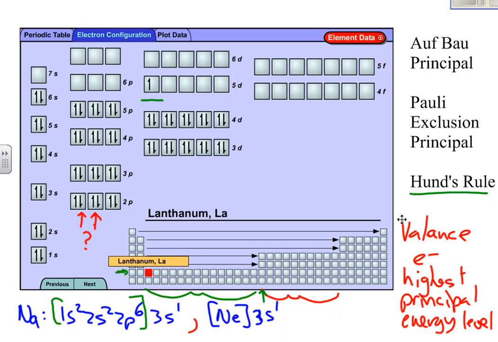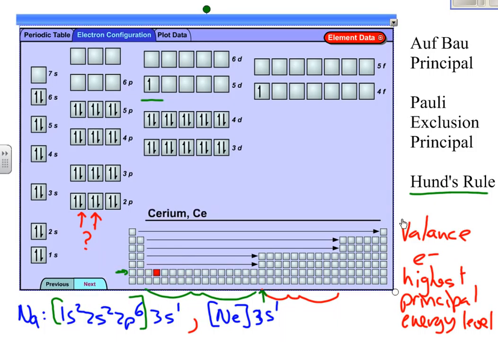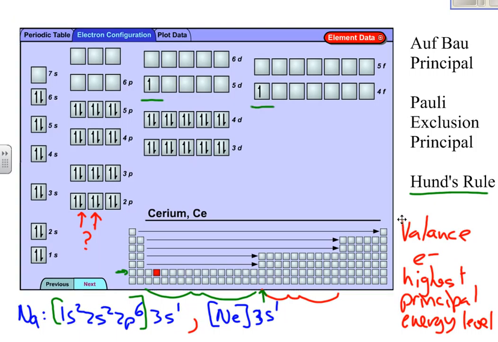If we go on from lanthanum to the next one, notice that we have one in the 5d's, and then the other electron goes into the 4f's. These differences aren't things I'm going to expect you to know yourself, but understand that if I showed you this, you would be able to understand that we're just dealing with energy minimization. As we put electrons in, where is the energy minimized?